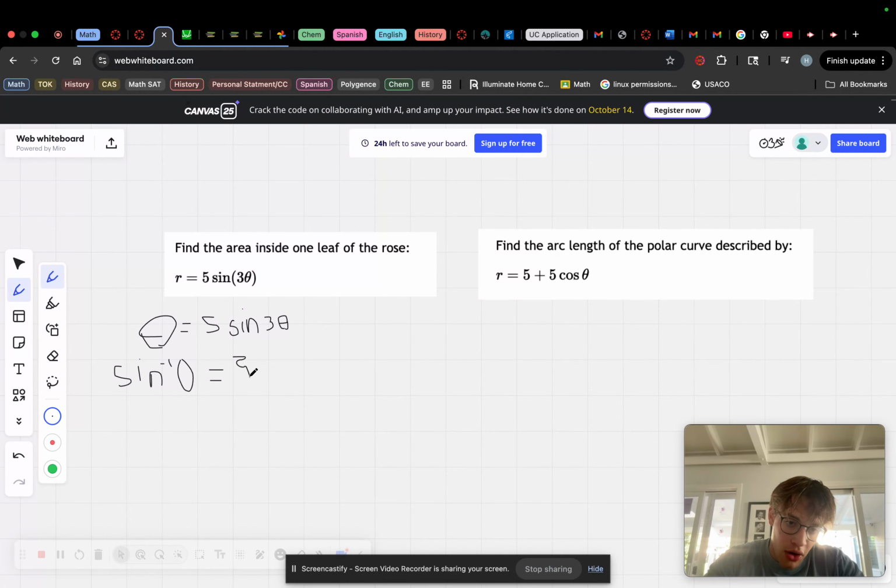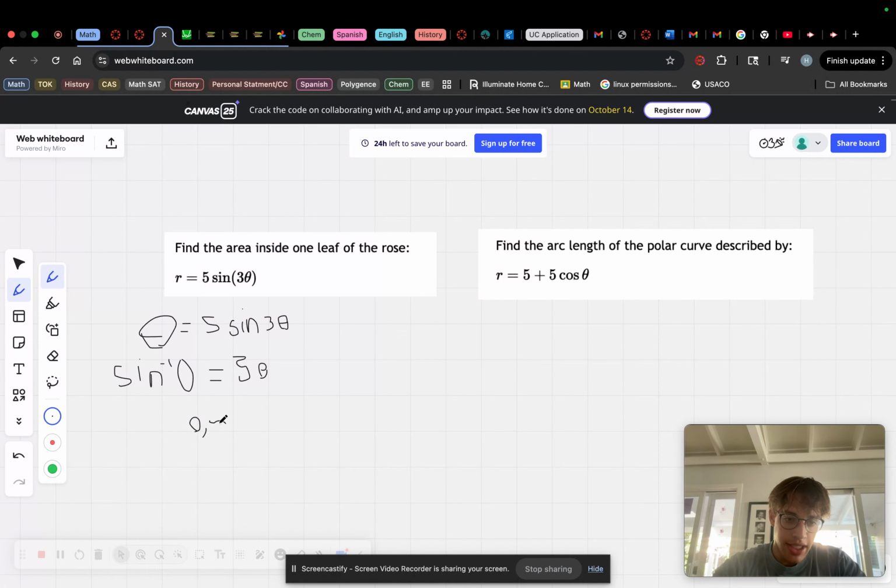And if we think back to the unit circle, inverse sine of 0 is equal to the first two times sine is equal to 0, which would be at an angle of 0 radians, and then sine will once again be 0, or the y coordinate will once again be 0 on the unit circle, at pi.